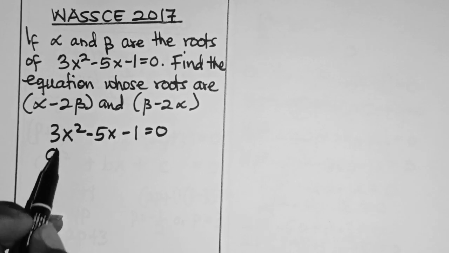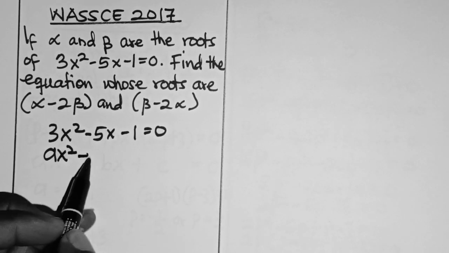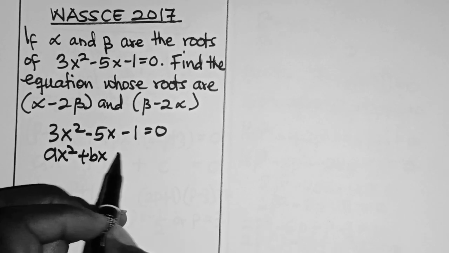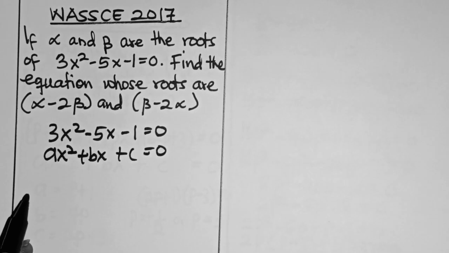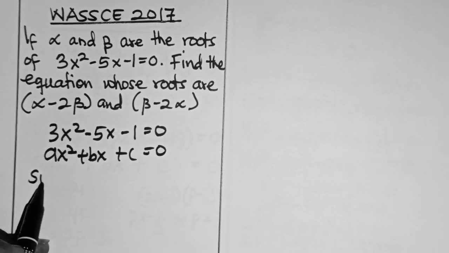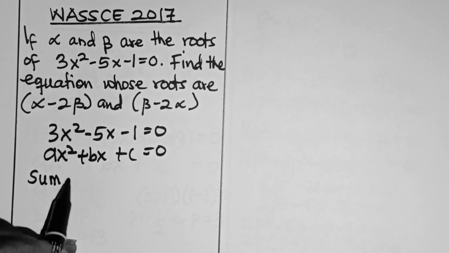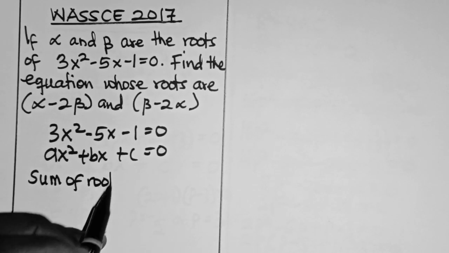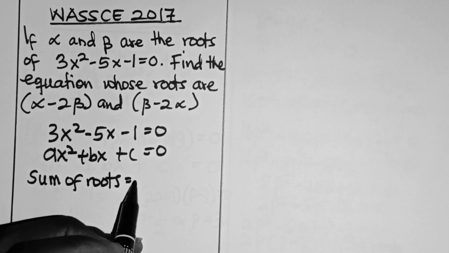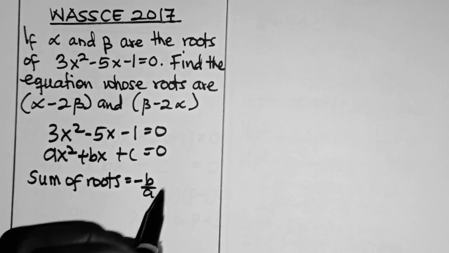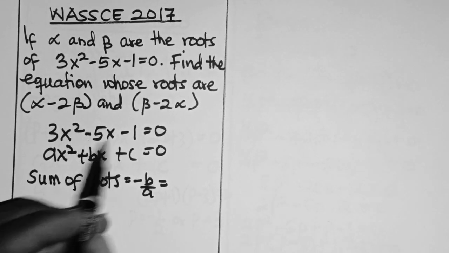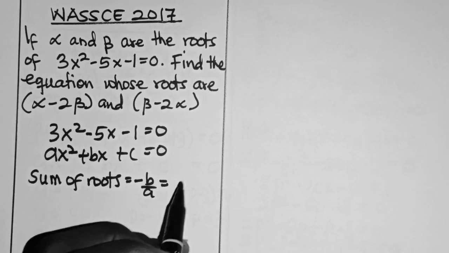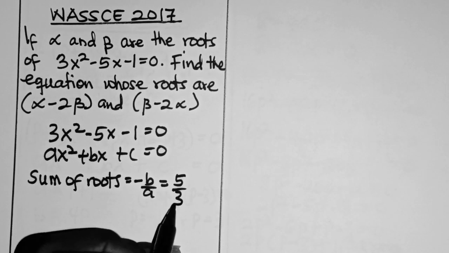So you see that this is of the form ax squared plus bx plus c is equal to 0. So we have the sum of roots. The sum of roots in this case is equal to minus b over a, and this is equal to minus minus 5 divided by 3, and that is 5 over 3.